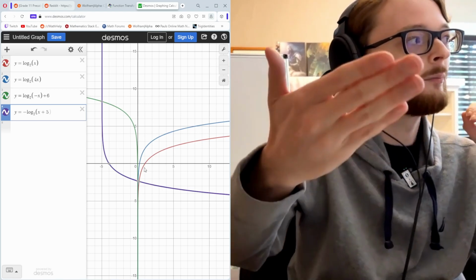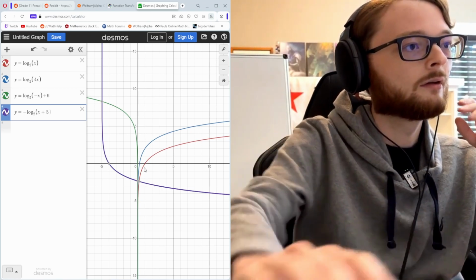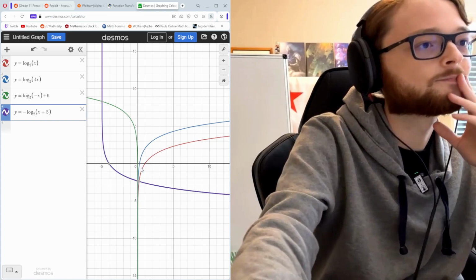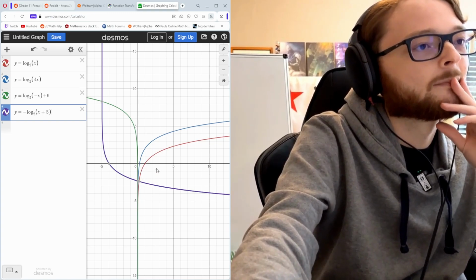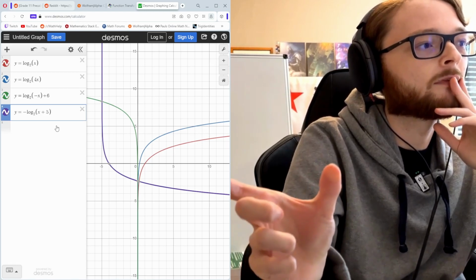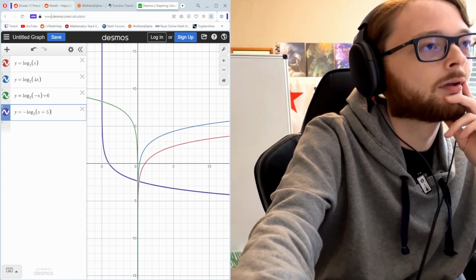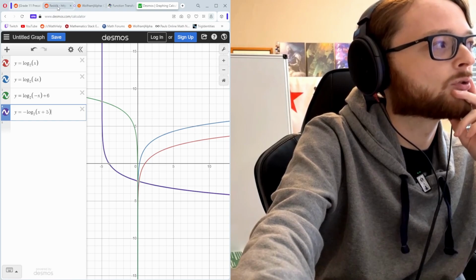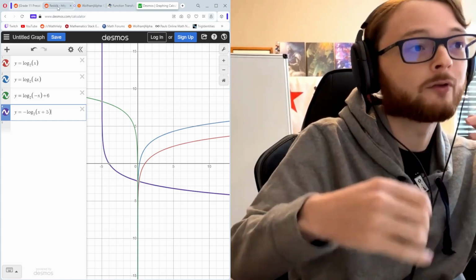Okay, so this, we flipped it vertically. We've added 5. Adding 5 moves it to the left by 5, which I realized on the stream I said moved to the right, but from my point of view, I moved left.